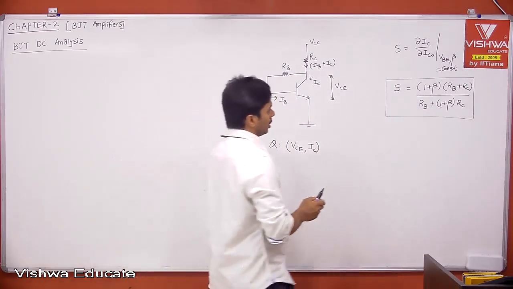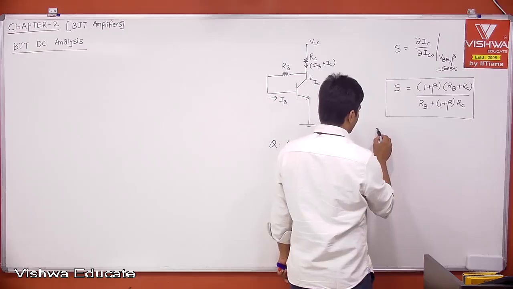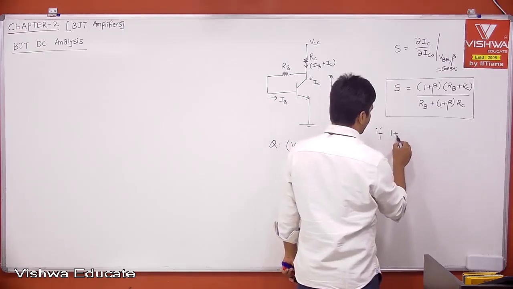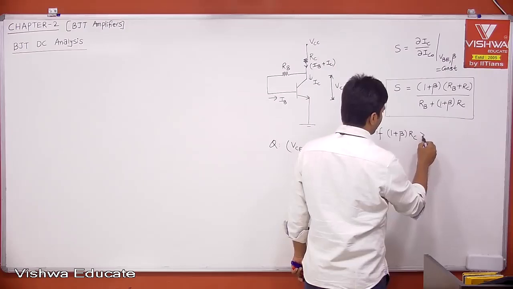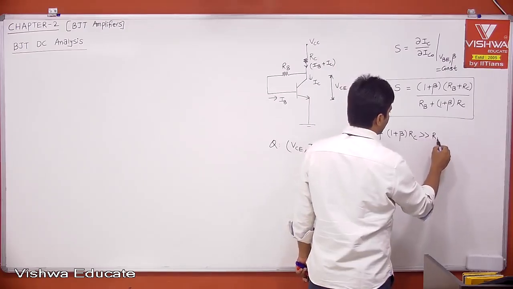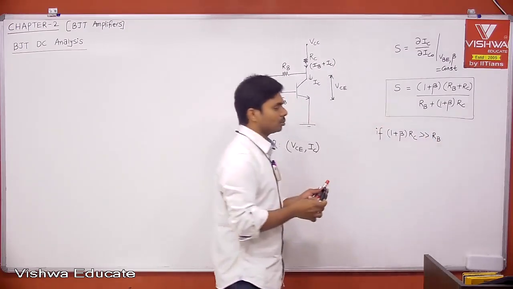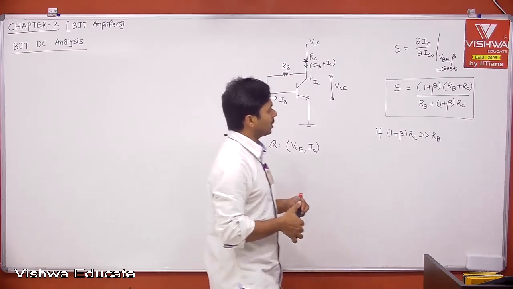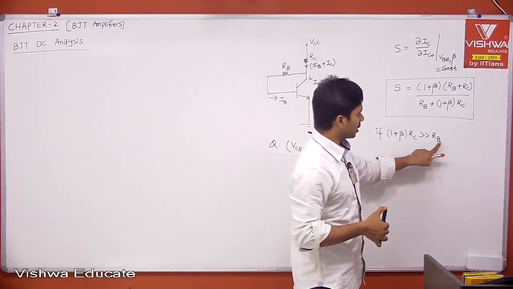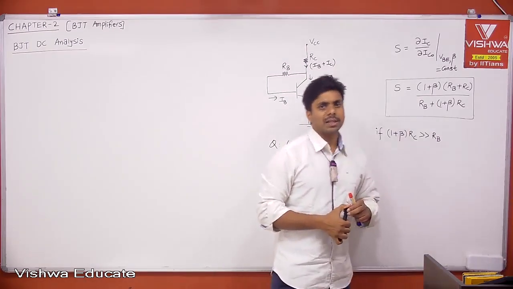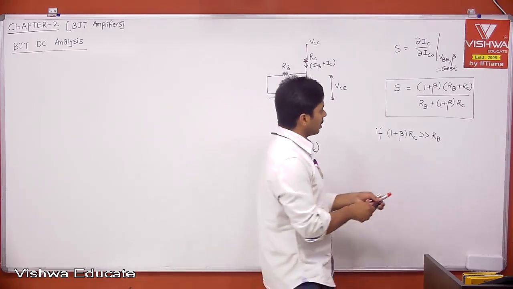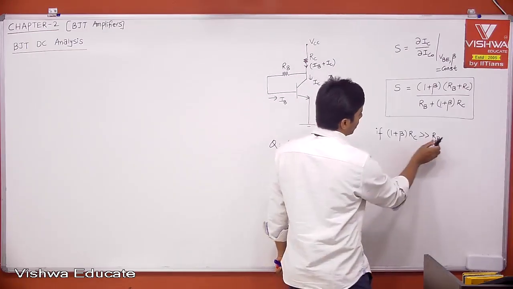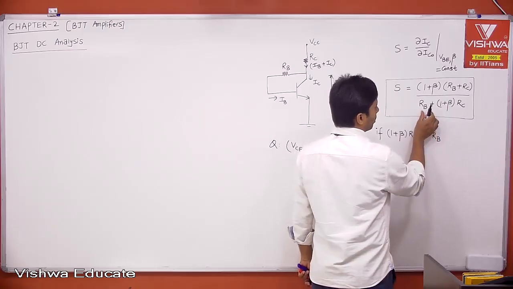Now, if (1 plus beta) into RC is very much greater than RB, typically this is true, at least 10 times. If it is more, you can take it as very high value. Then can I neglect RB?